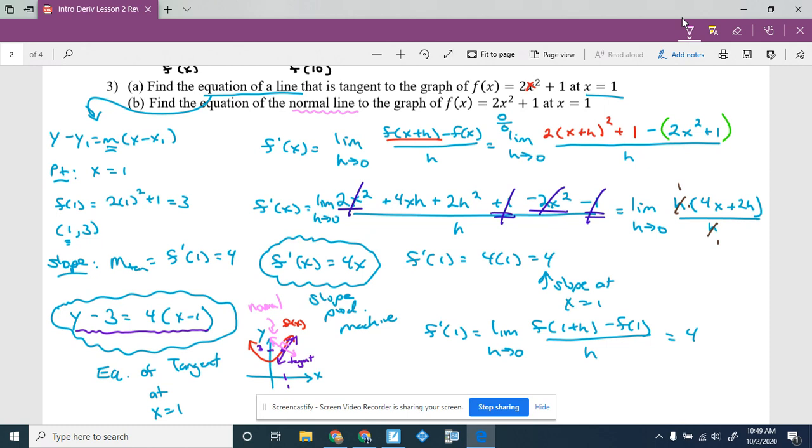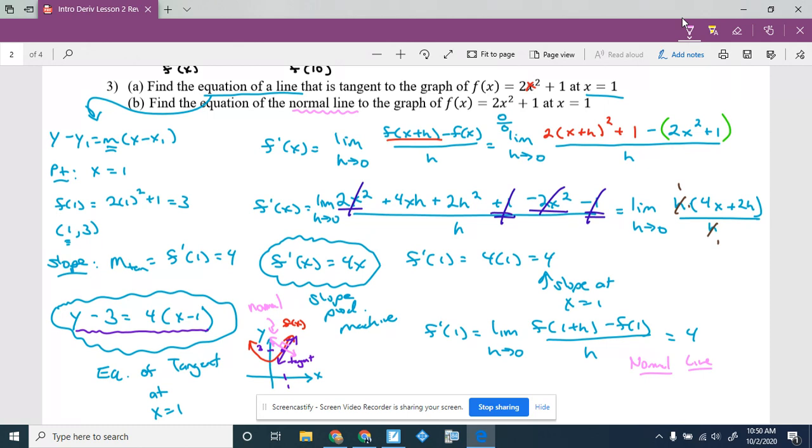So if I want to write the equation of the line, I have the point slope formula. It's the same point. What would the slope be? For the normal line, what do you know about perpendicular lines? They have negative reciprocal slopes.